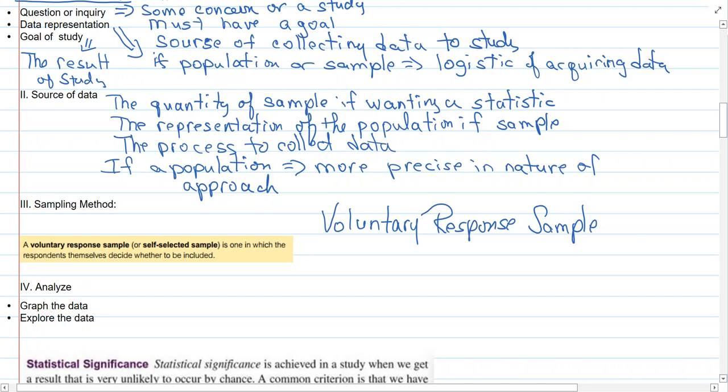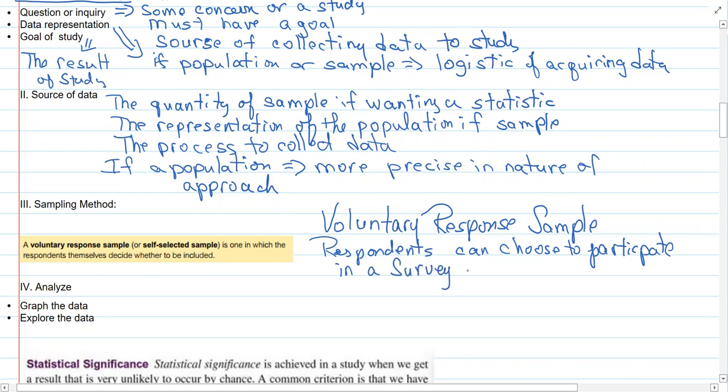And notice that in our textbook, it talks about it being a self-select sample. That means respondents can choose to participate in a survey or study.